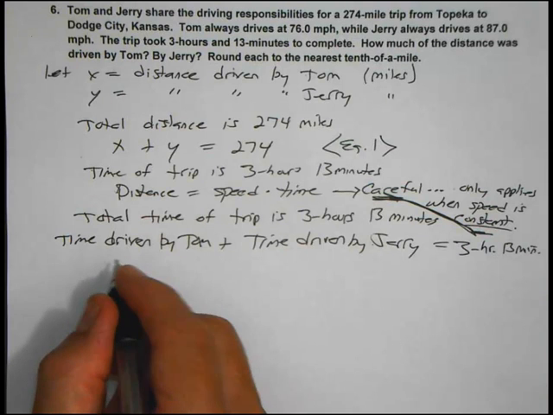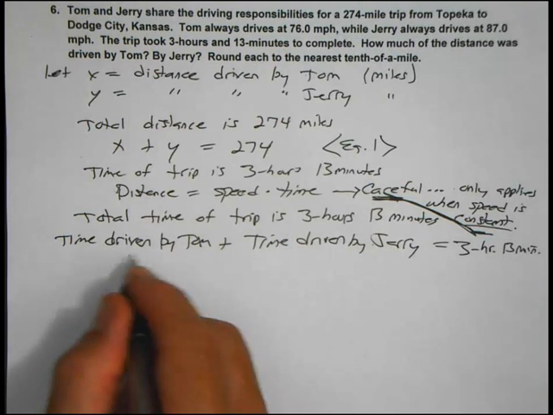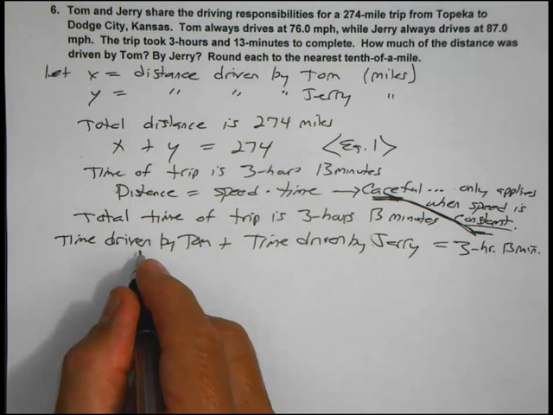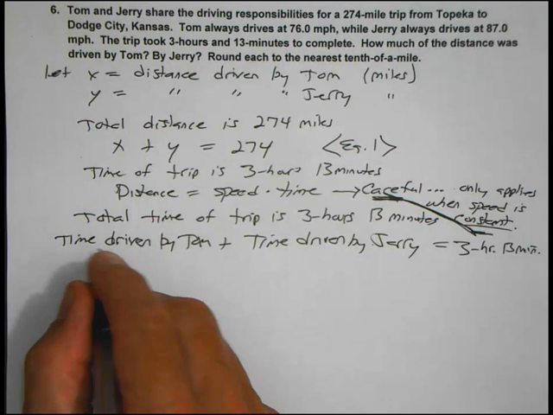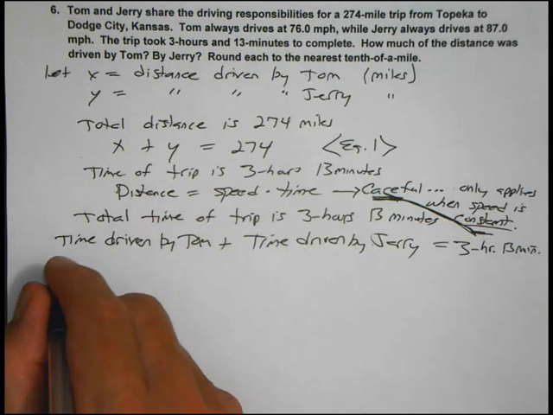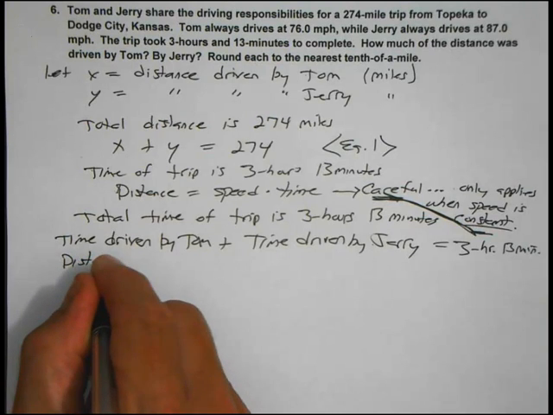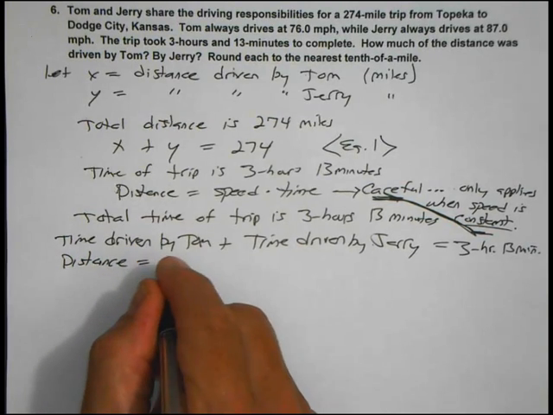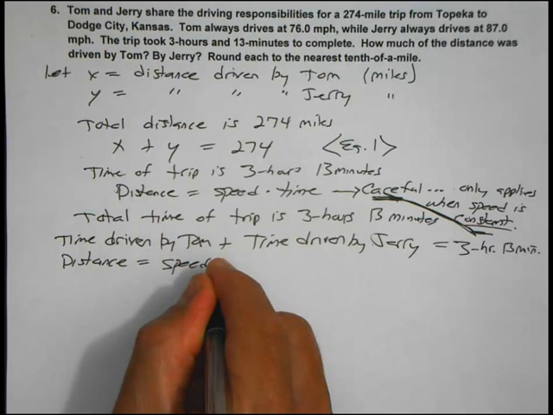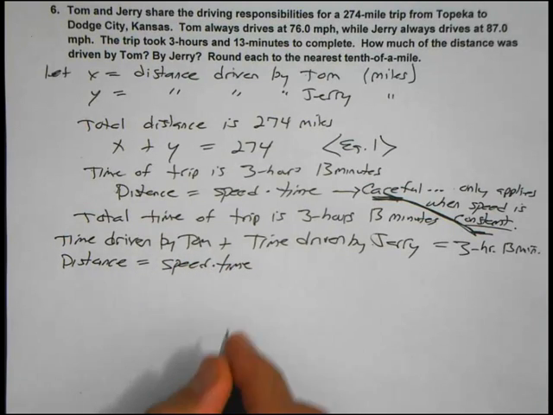Now we haven't got a variable for time driven by Tom, but we do have a chance here to use the distance equals speed times time idea.